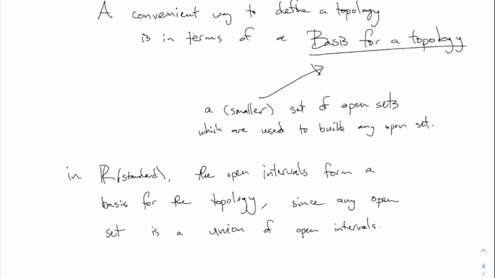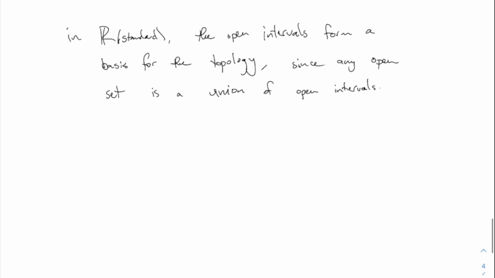Now, not any set can be a basis. Just like in linear algebra, not any set of vectors can be a basis. A basis in linear algebra has to be linearly independent and the span has to equal the entire space. There is a similar sort of thing about what is allowed to be a basis in a topology.